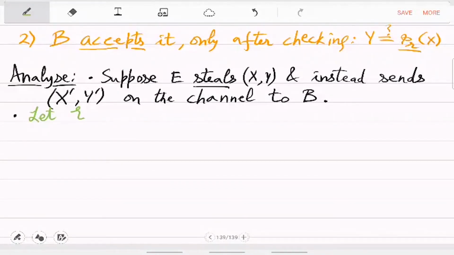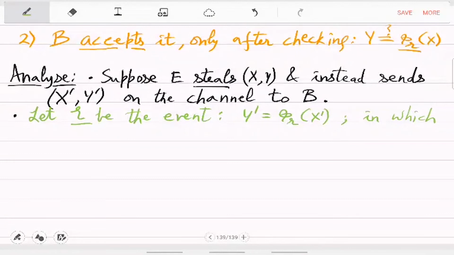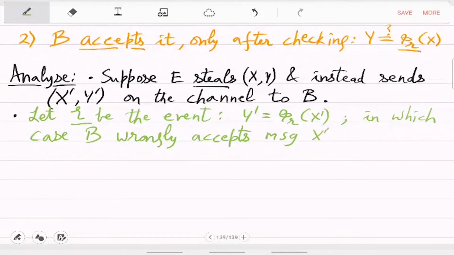So let E be the event that y prime is phi r x prime, in which case B wrongly accepts message x prime, which is different from x.